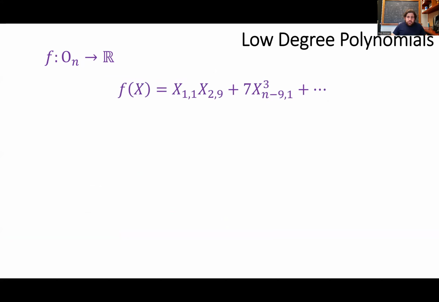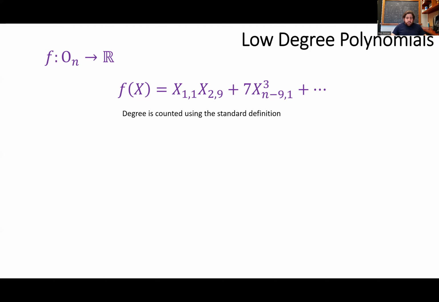So what is hypercontractivity? Hypercontractivity is all about low-degree polynomials and their values. If you work over SO(N), or let's work over O(N), because for hypercontractivity it doesn't matter, you can look at polynomials over it, which are just polynomials in the entries of the matrix X. And the degree here is pretty much what you expect.